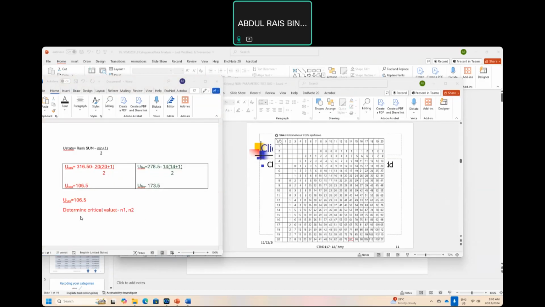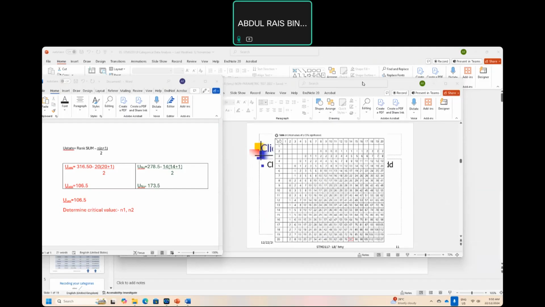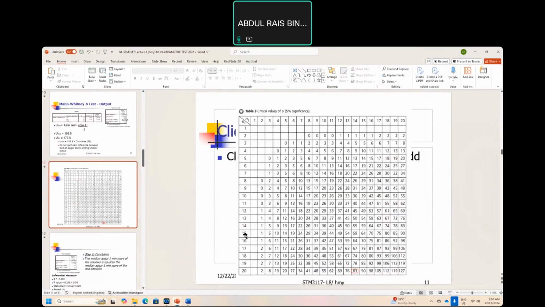Okay, next, how do we determine the critical value? All right. So for U statistics, we need to look at how many subjects N1 has and how many subjects N2 has. Once we look at this table, our N1 is, sorry, 20, and then our N2 is 14.